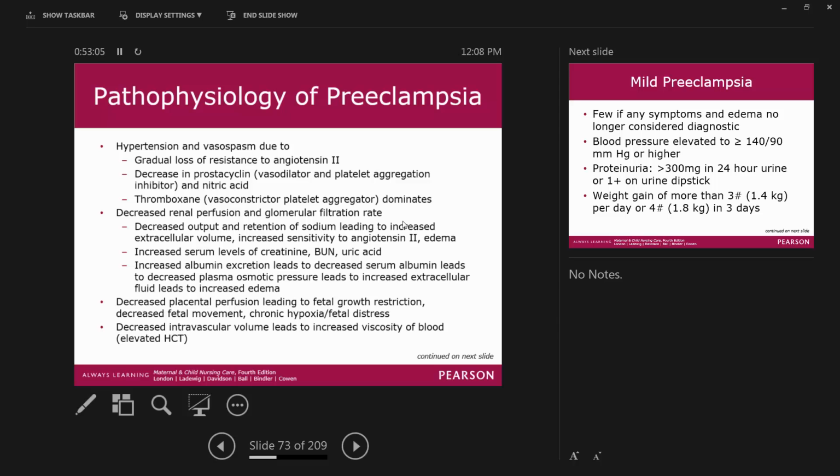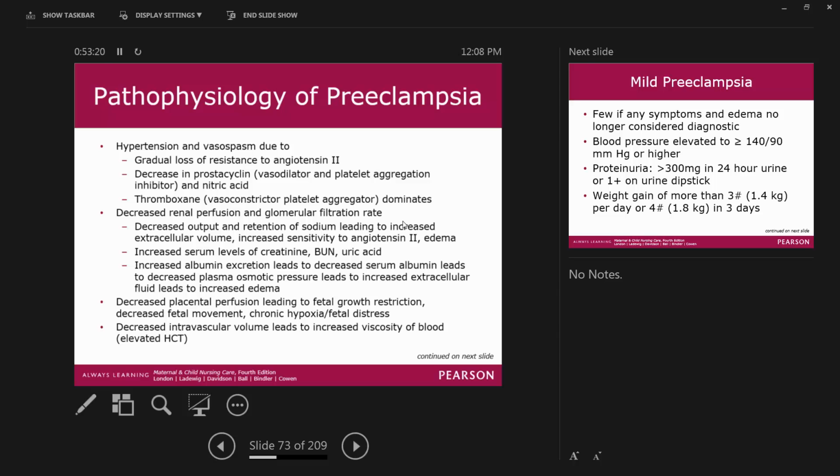So we're letting angiotensin run rampant, and we don't have enough prostacyclin. That's setting us up for hypertension.